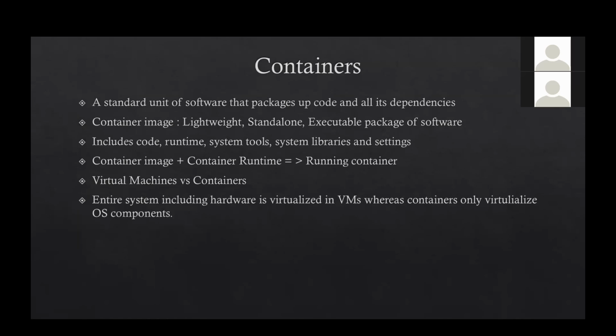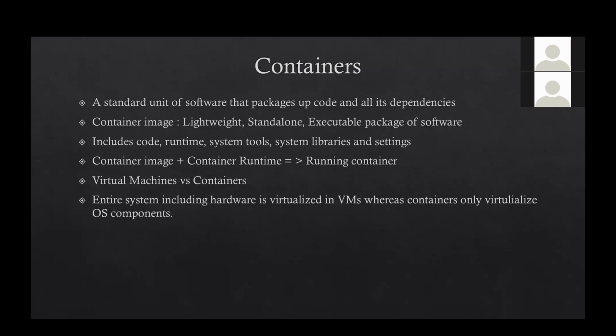You probably also need some of the system tools that do not form the basis of default images. So if you're using something that is not part of the standard default image, you probably need to install that as well, and some of the libraries and settings. So all of these things put together form a container image, which can be run by a container runtime, right?